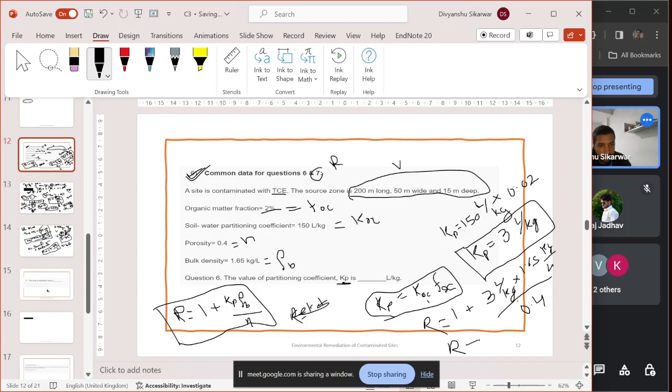What will be the R value? 1 plus, solve this value. 3 into 1.65, divided by 0.4.